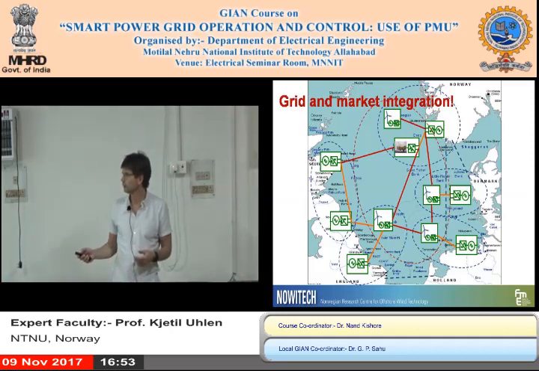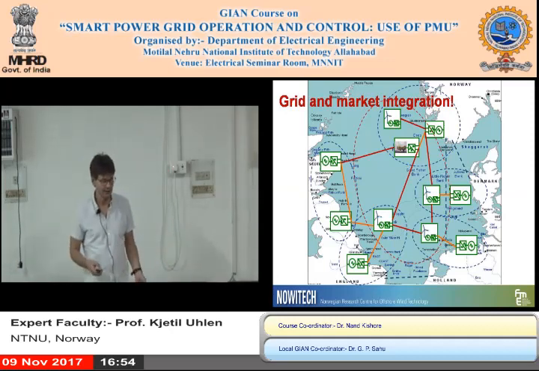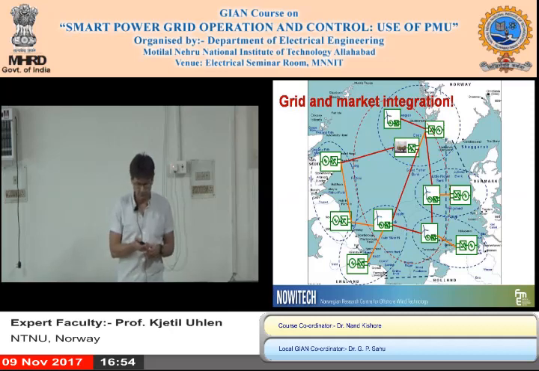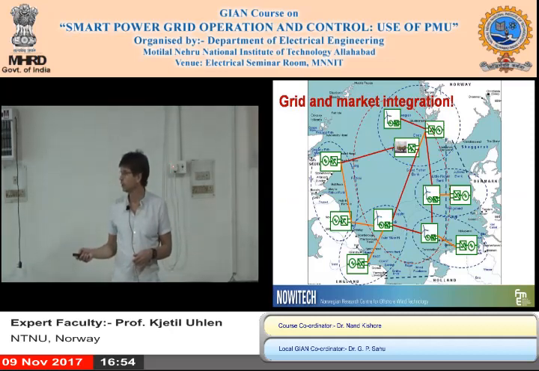But when you do that, you need to look at how you control it. There are many challenges, of course, but one of the main challenges is control and protection of these grids.